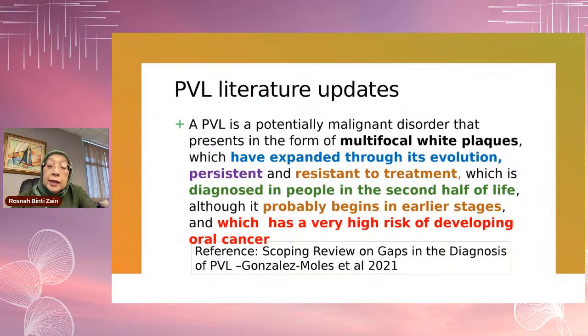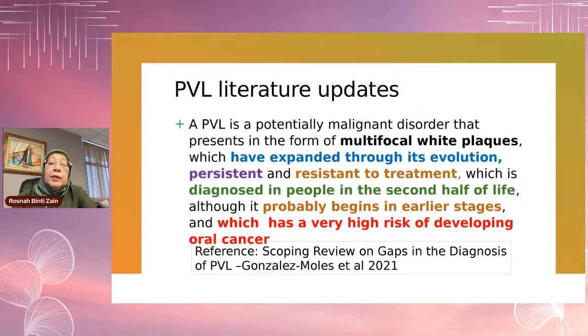And it is persistent because even with treatment, it is there, and it is resistant to treatment. And this is something not mentioned in most of those criteria: they are usually diagnosed in people in the second half of life. They found that most of these people are above 60.